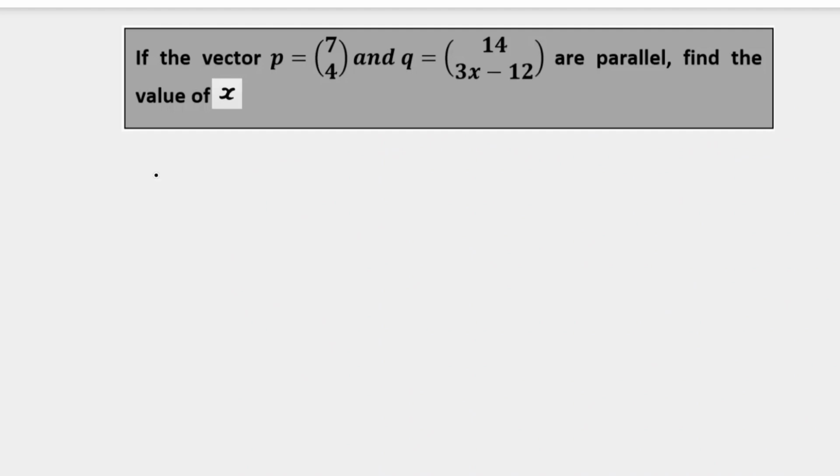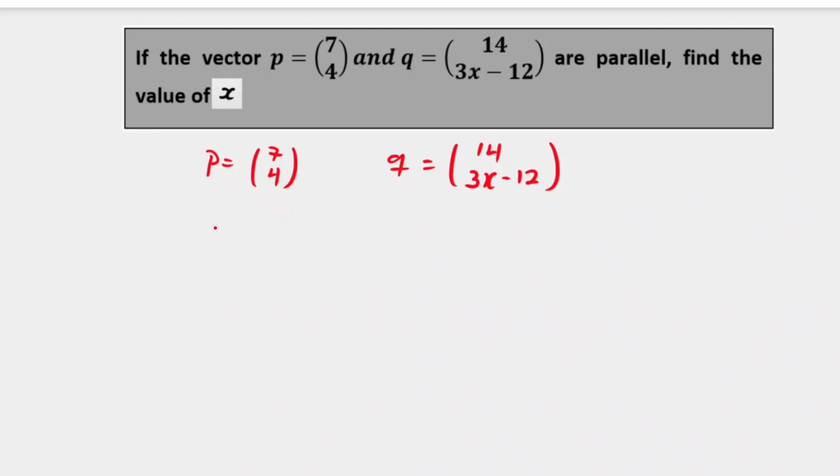Let's get our second question. If the vector p has components 7, 4, and the vector q has components 14, 3x minus 12, are parallel, you have to find the x. That is what we're going to do right now. Now let's begin. The fact that the two vectors are parallel means that the ratio of their corresponding components are equal. Remember, the vector p has components 7, 4, and that of q has components 14, 3x minus 12.